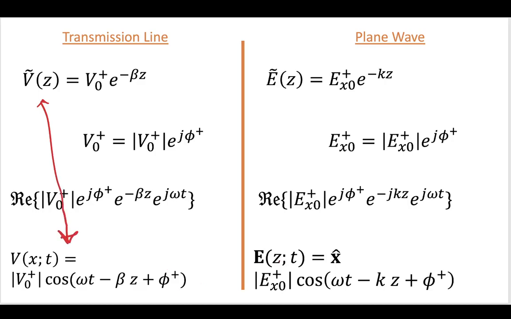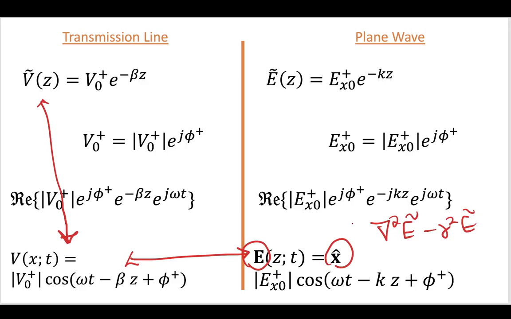So going from the phasor to the instantaneous form, we can now see that the voltage and the electric field look very similar. We will continue to write the voltage in a scalar form, but the electric field we may revert back to the vector form. And that makes sense because our original equation was in the vector form.